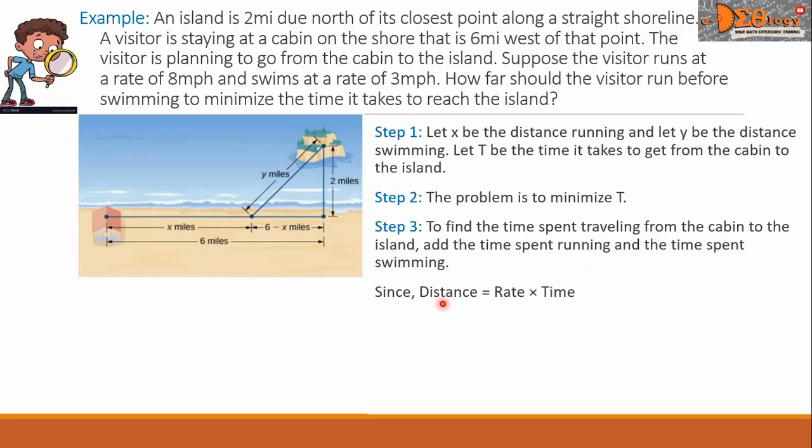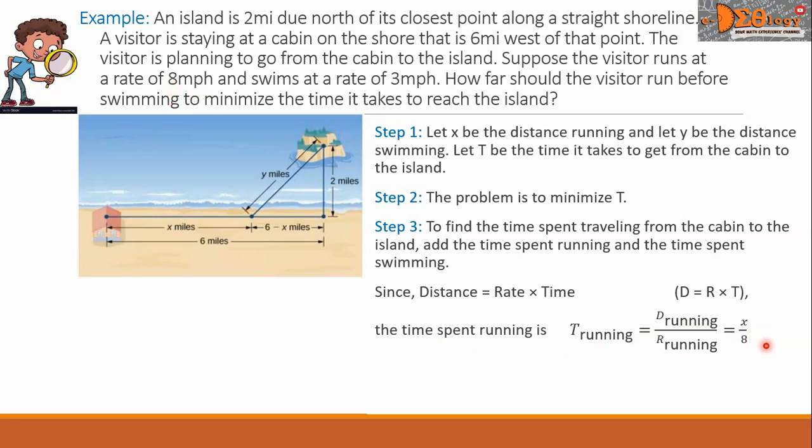Since the formula is distance equals rate times time, or D equals R times T, the time spent running is T sub running equals D sub running over R sub running. So the value here is x for the D over 8. This is given in the problem as the 8 miles per hour.